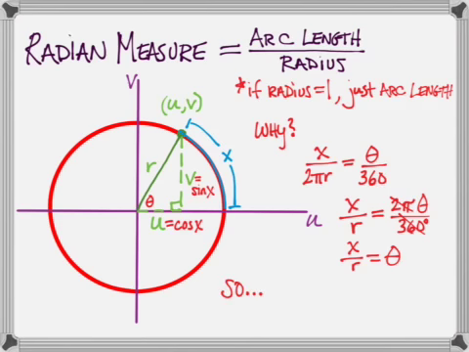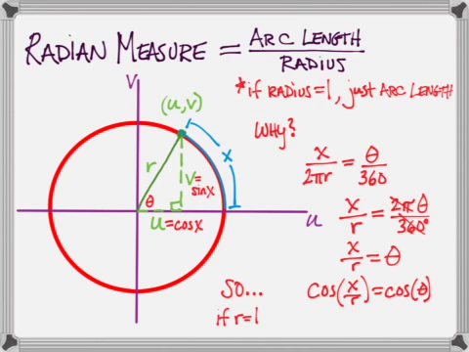If I take cosine of both sides, I get that. So cosine of this has to equal cosine of that because they're equal to each other. Well, if r is 1, this becomes cosine of x, right?